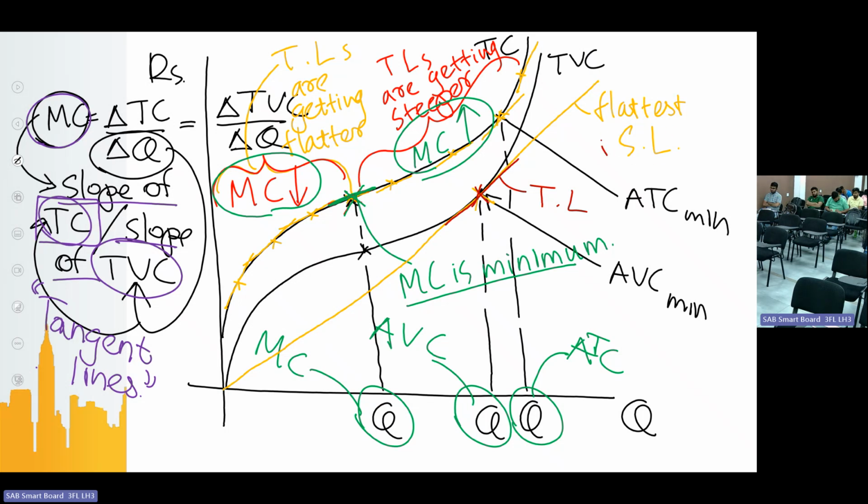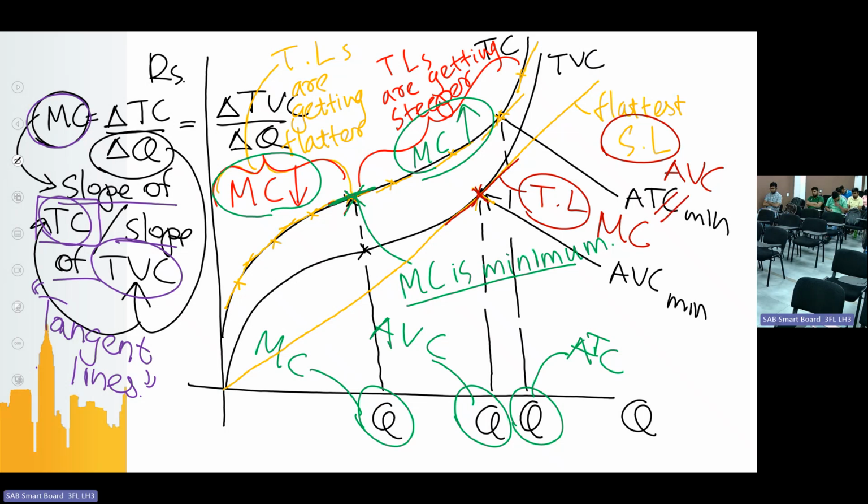The straight line measures ABC, the tangent line measures MC. Since the slopes of both the straight line and the tangent line are the same at this point, their slopes are equal.